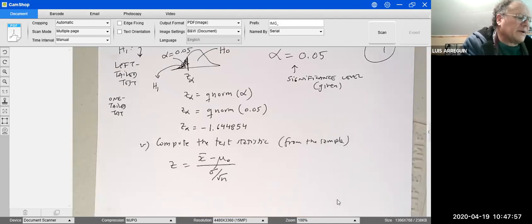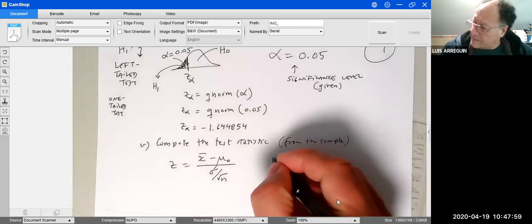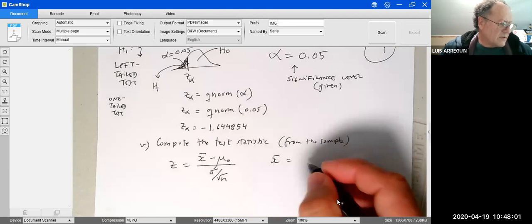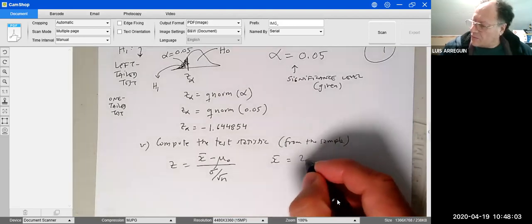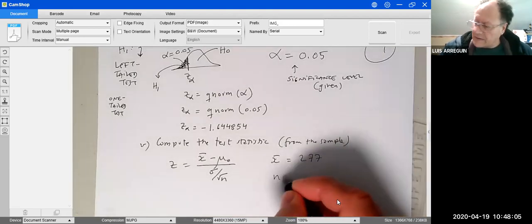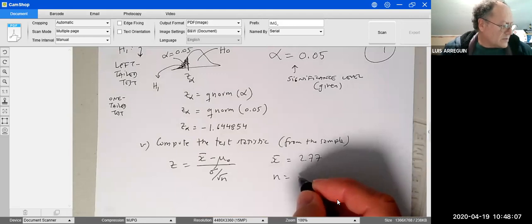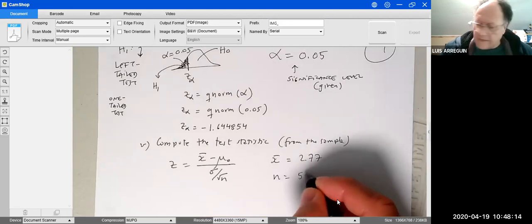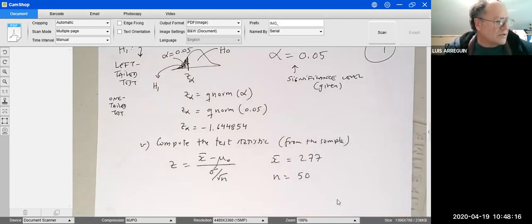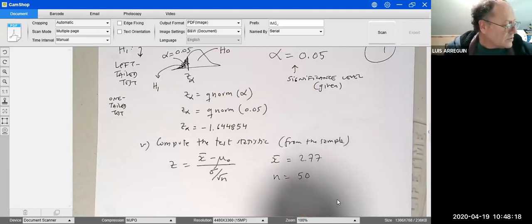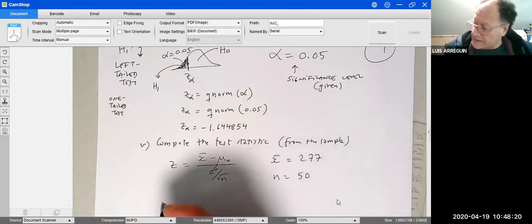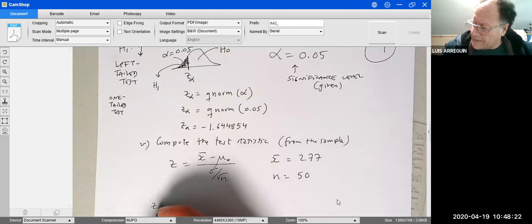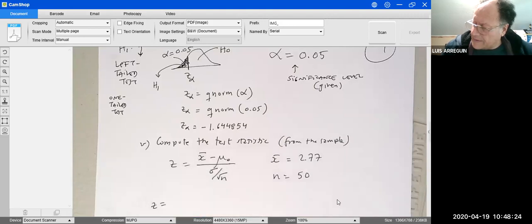These values were given. The mean that they found in the sample was 2.77, and they conducted a survey with a simple random sample of 50 gas stations in Los Angeles. So let's find then the z-score for this sample.